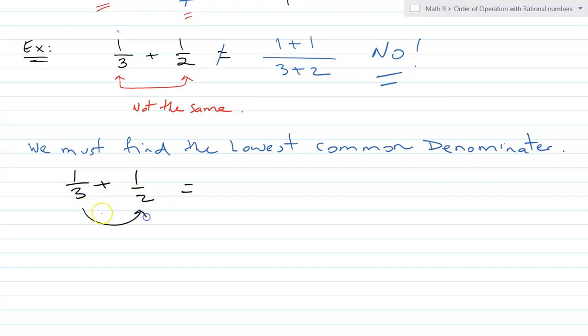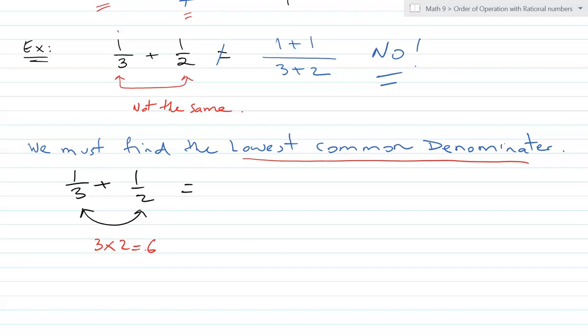Between the two, what is the smallest number that 3 and 2 will go into evenly, or the lowest common multiple. That number, the lowest common denominator, is actually also the lowest common multiple. It has to be at least as big as the biggest of the two denominators. In this case, we can just simply say 3 times 2, 6 is the lowest common multiple, and 3 goes into it and 2 goes into it.